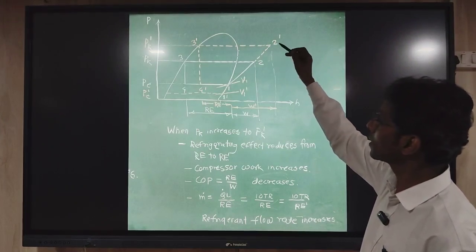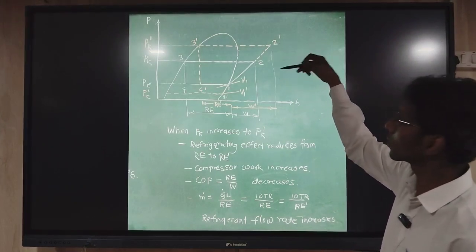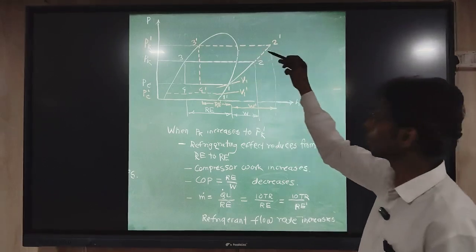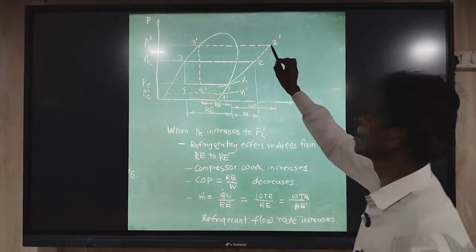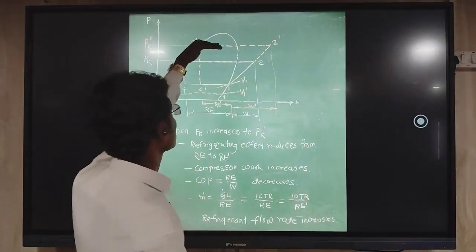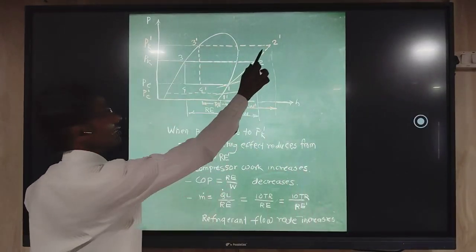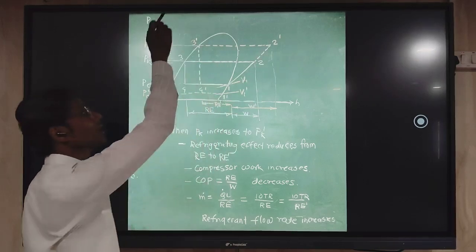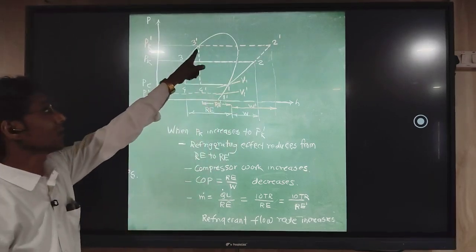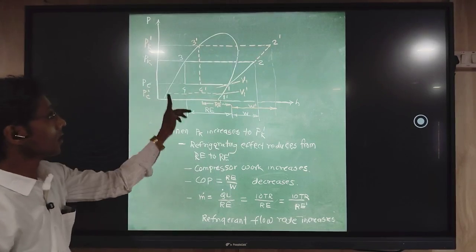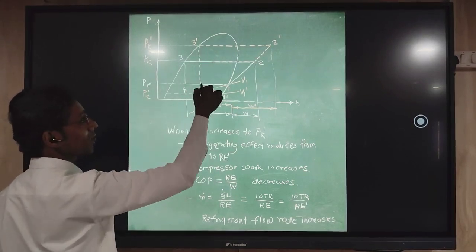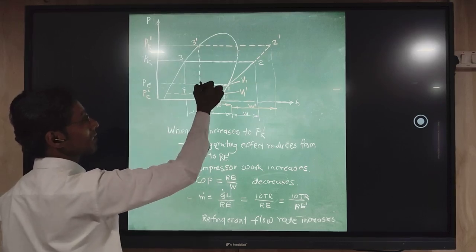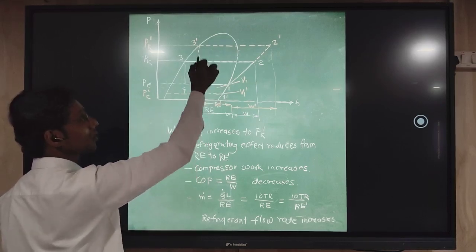So when the single stage system is used for such an application, the condenser pressure increases, and then this dashed line 2 dash 3 dash goes up, and subsequently it reduces the cooling effect, because this 3 dash 4 dash is the flashing which occurs in the expansion process.